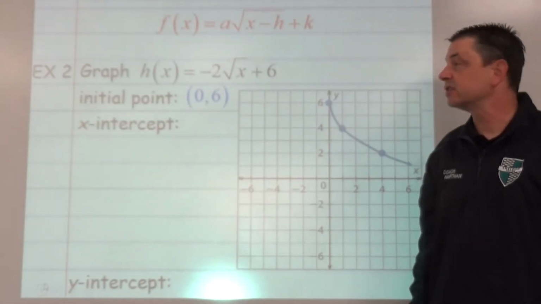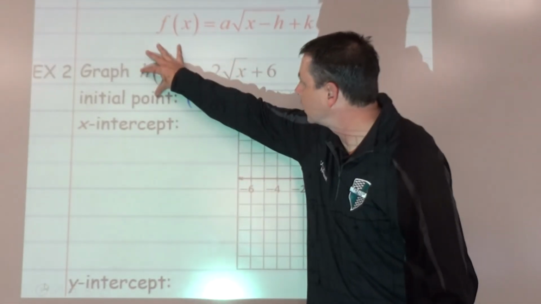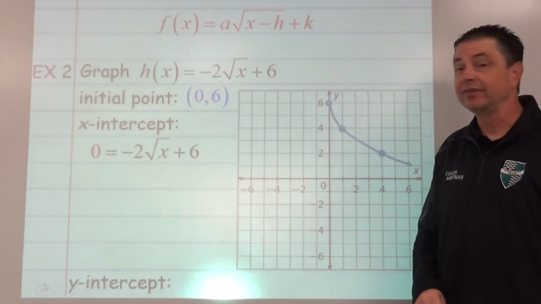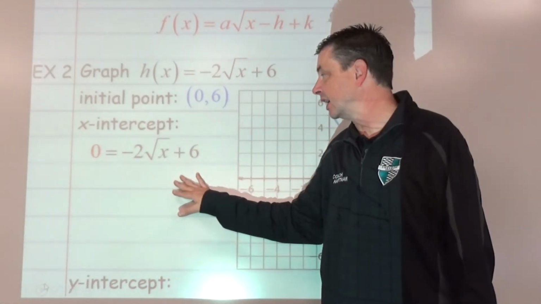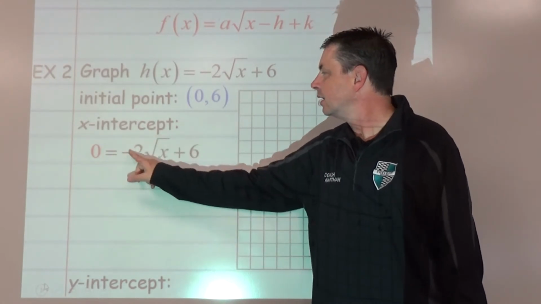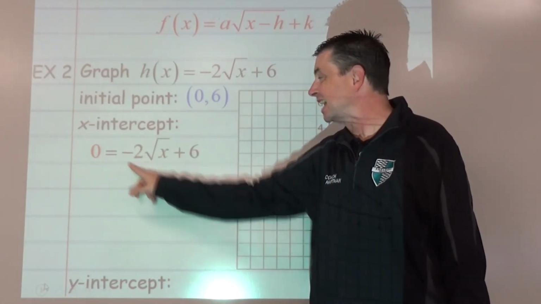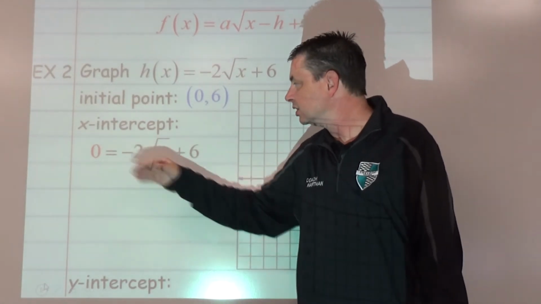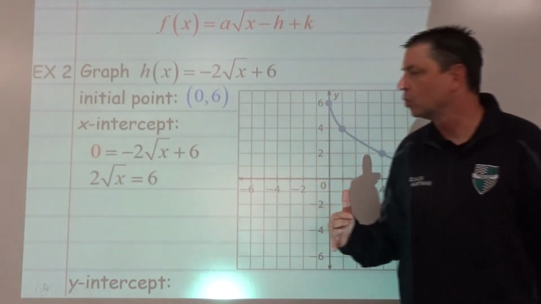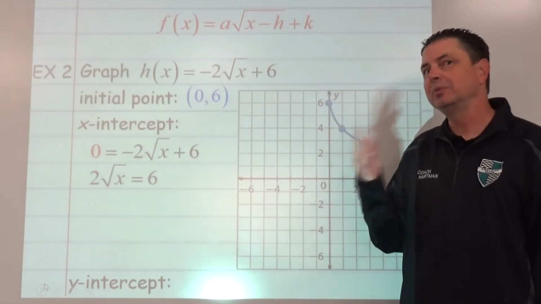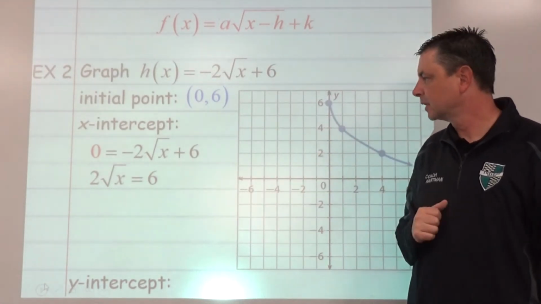So to find the x-intercept, we'll just set the whole function equal to 0. And then we could subtract 6 on both sides, or we can undo the negative 2 root x by just adding that to both sides. I kind of prefer positive, so we could do that. Either way, after one more step, if you had subtracted 6 from both sides, we'd be at the same spot anyway.